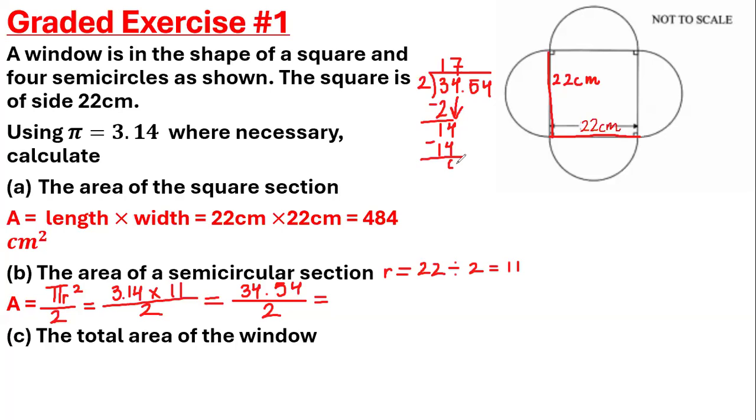Very good. Bring down the 5. How many times does 2 go into 5? Twice. 2 times 2 is 4.